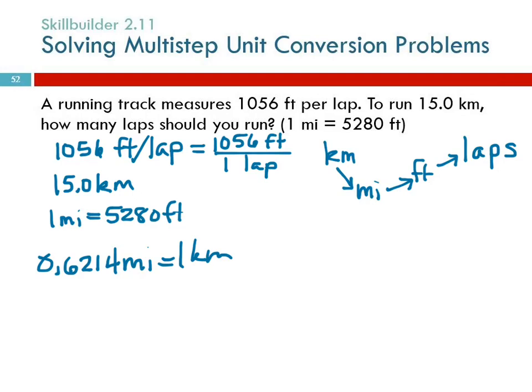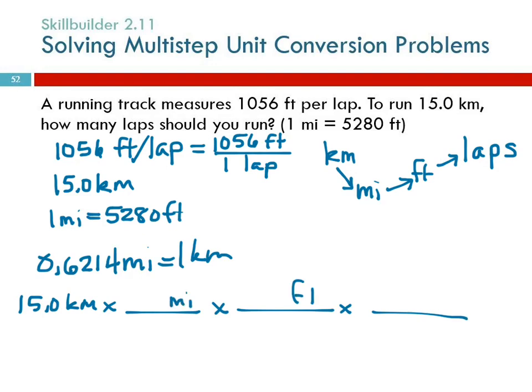Very low on time here, so 15.0 kilometers. 3 arrows, 3 conversion factors. Kilometers to miles to feet to laps. Take the previous unit and put it on the bottom so they're going to cancel out. If I'm going too fast, you can slow it down on YouTube.